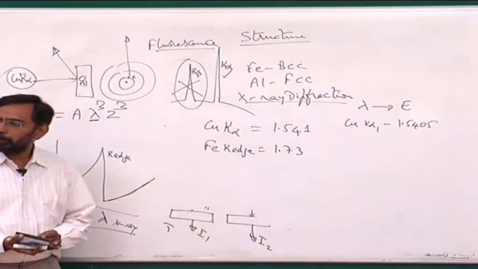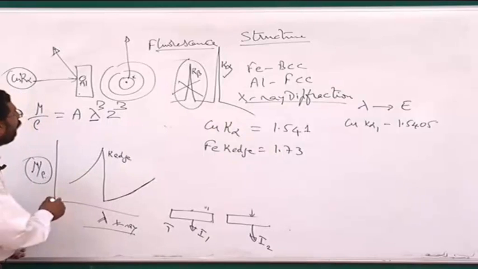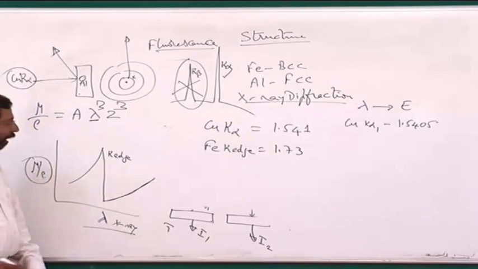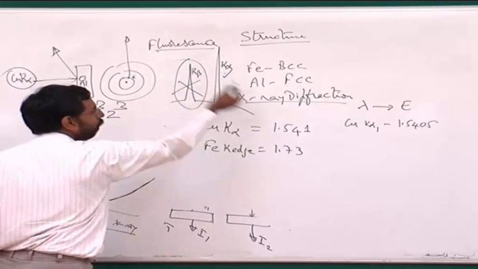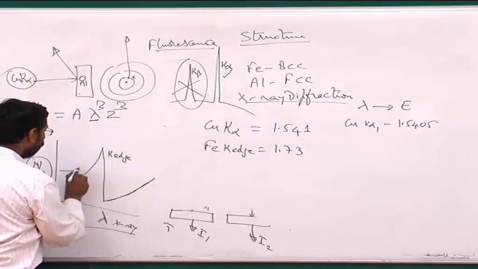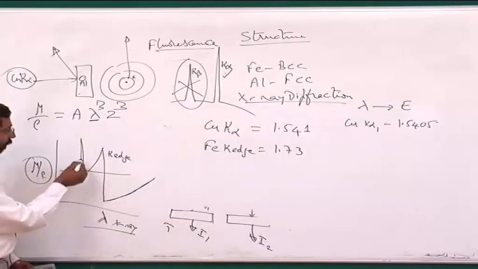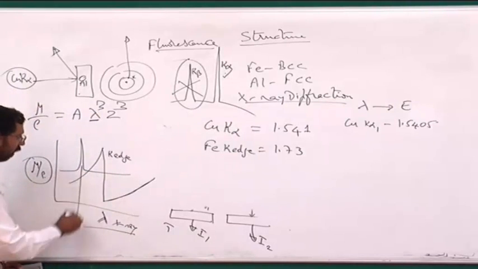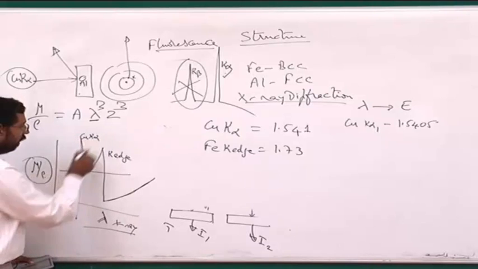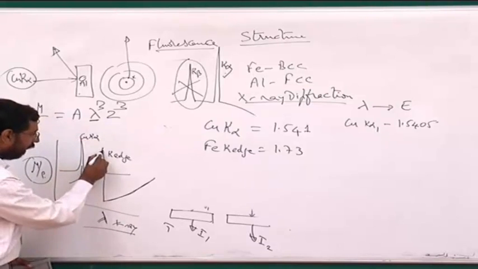That basically means that if I am sending a copper K alpha of 1.54, the copper K alpha radiation will have a wavelength which is lower than the K edge.